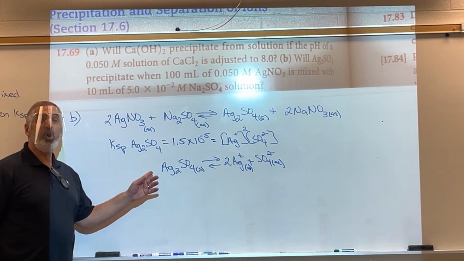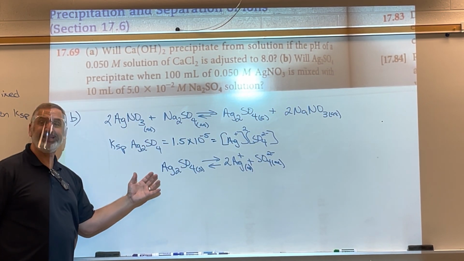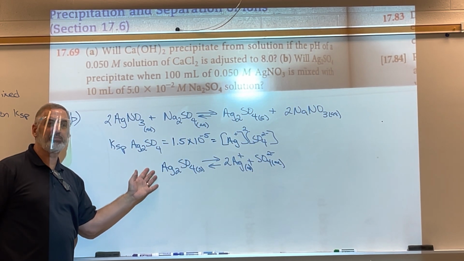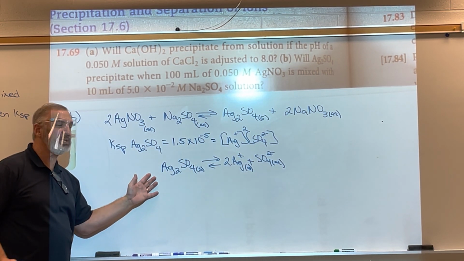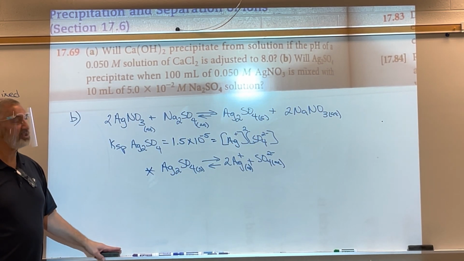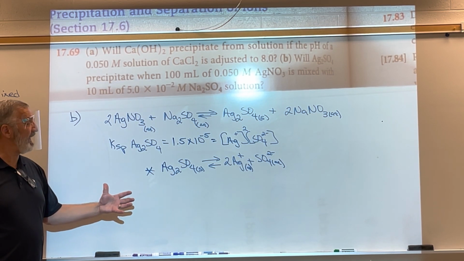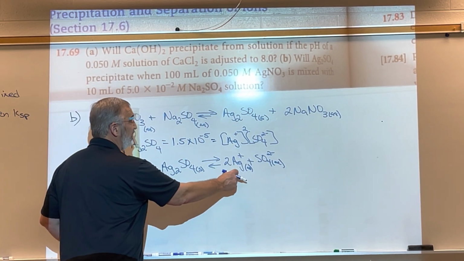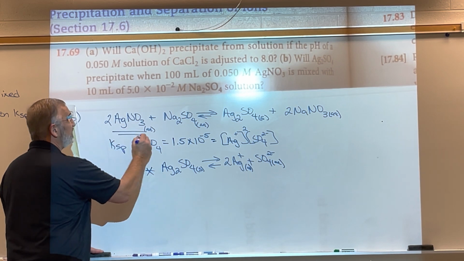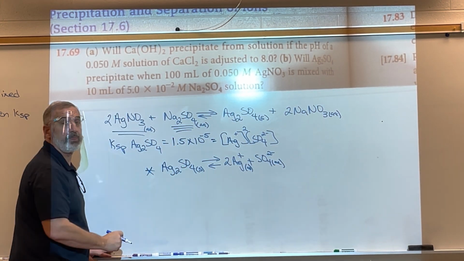When I'm mixing a solution together, I'm interested in the precipitate. Will a precipitate form? So I do the equilibrium, the KSP, for the solid, just like we've done all along. But now the silver is all coming from the silver nitrate, and the sulfate is all coming from the sodium sulfate.